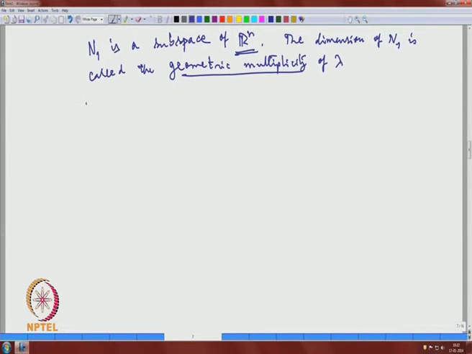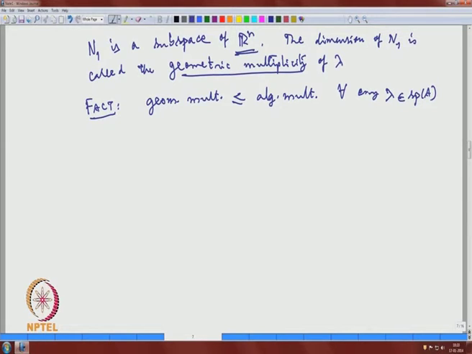So, let me just state a fact: geometric multiplicity is always less than or equal to algebraic multiplicity, and the difference is referred to as the deficiency of lambda, for any lambda. Okay, so, that is always true, lambda in the spectrum.